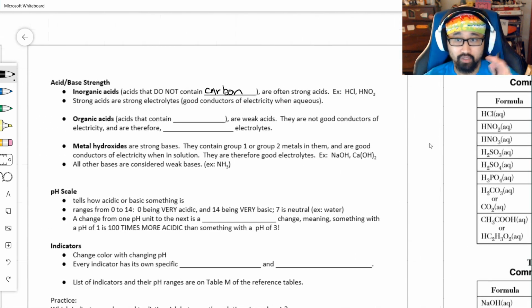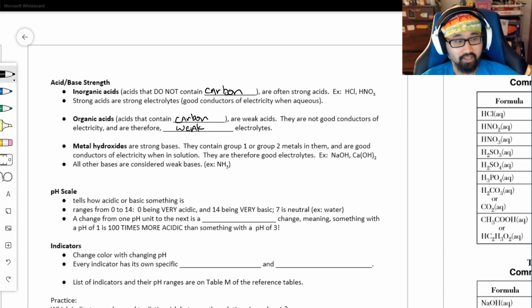So inorganic, strong. Organic acids are things that contain carbon. They are weak acids. They will also be weak electrolytes. They don't conduct electricity very well. And the reason for that goes hand in hand with why they are weak acids. The reason they're weak acids is because they don't produce a ton of ions.